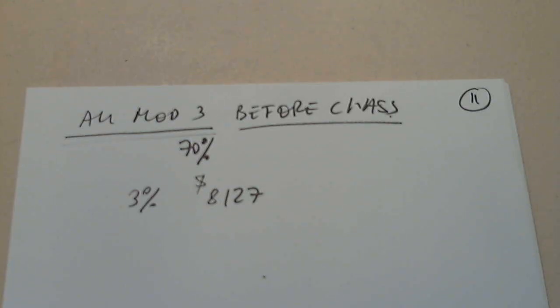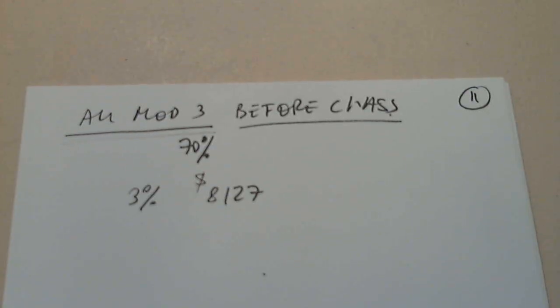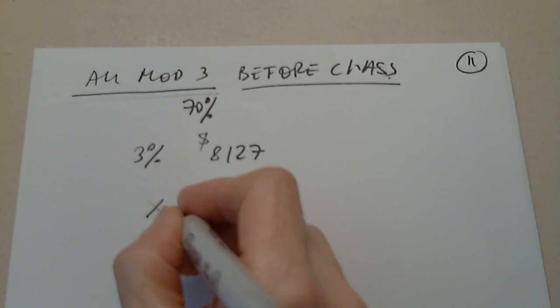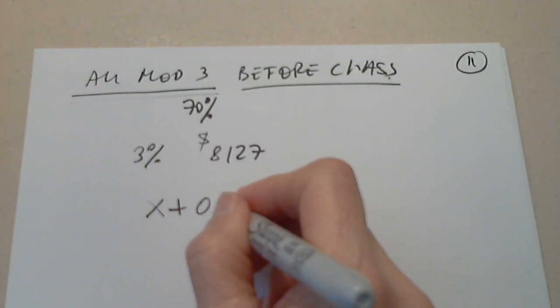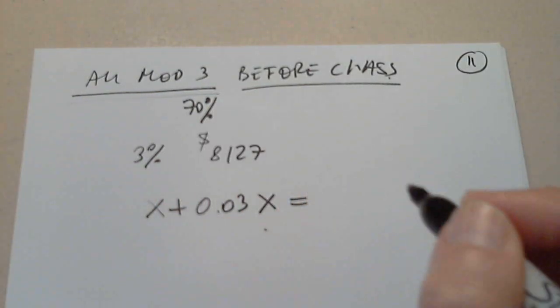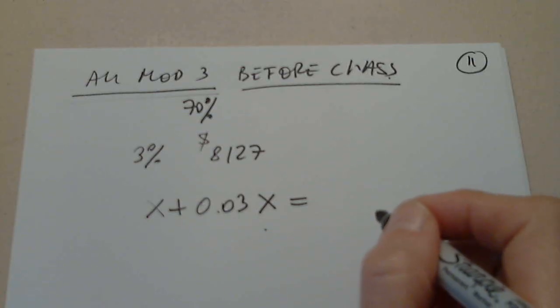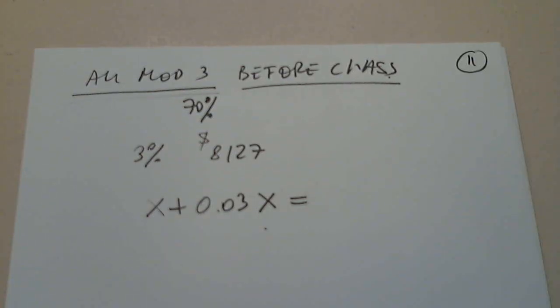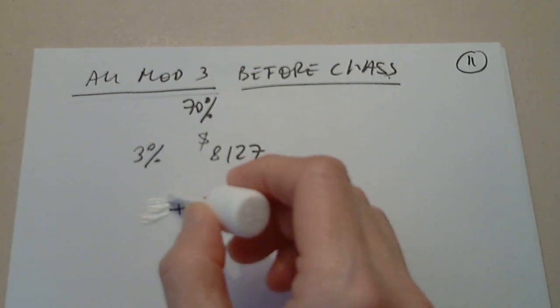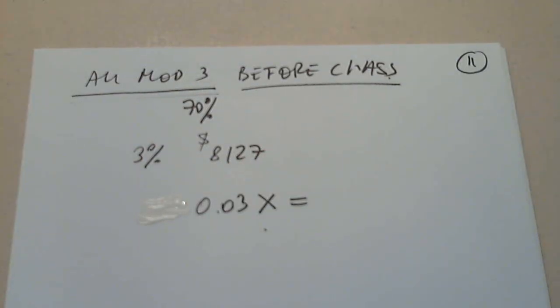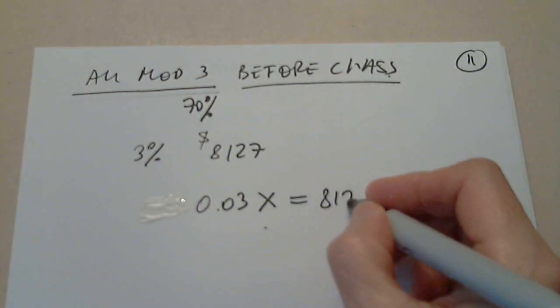Anybody? So on the price, we're adding 0.03% of the price to get, well, in this particular case, we're only determining the value of the home. So that's all we need. So 3% of the value of the home was calculated to be 8,127.